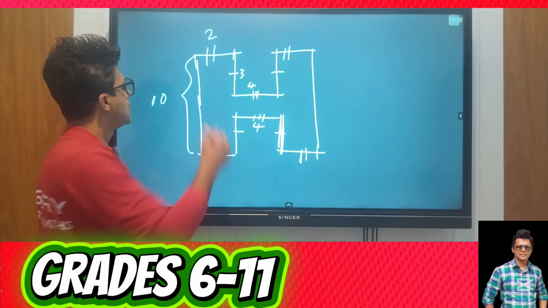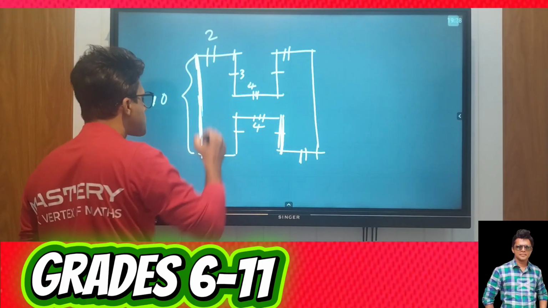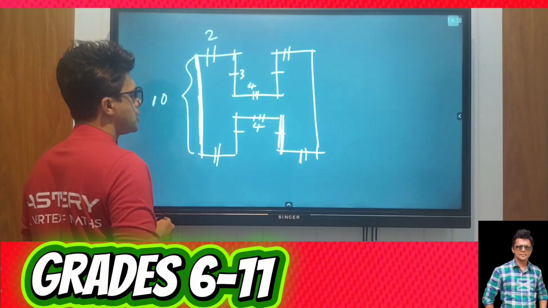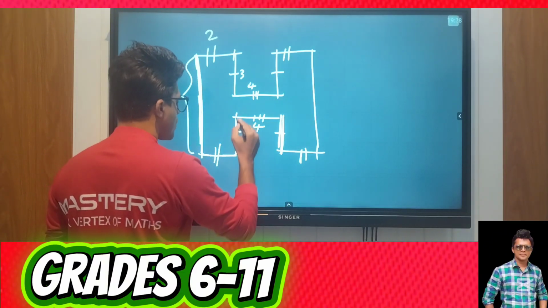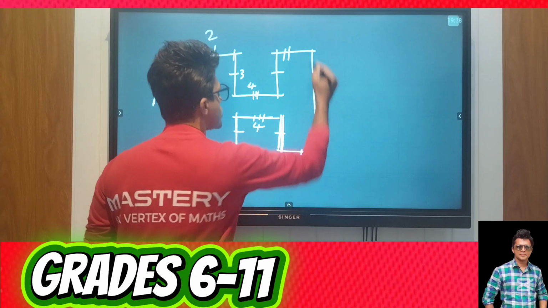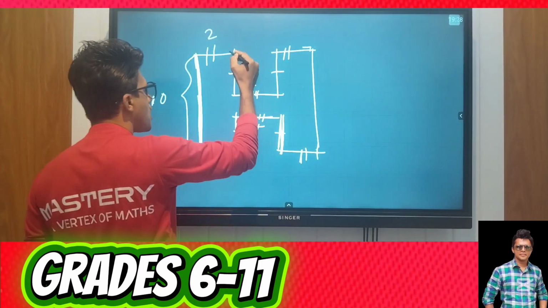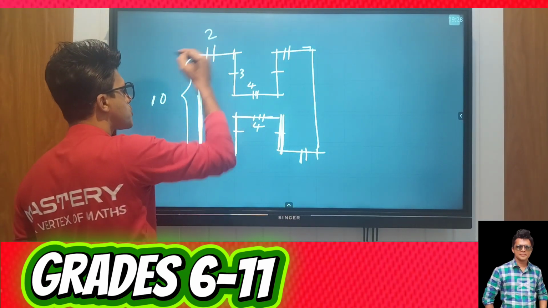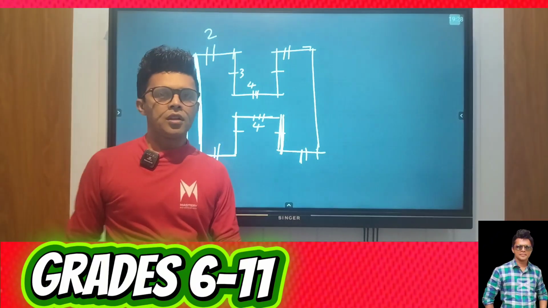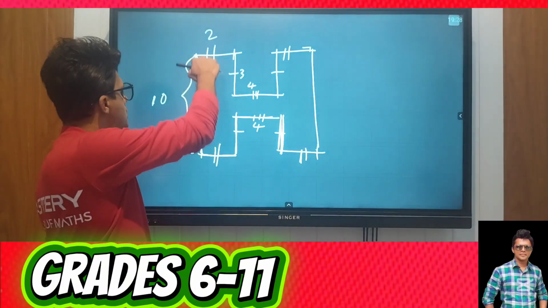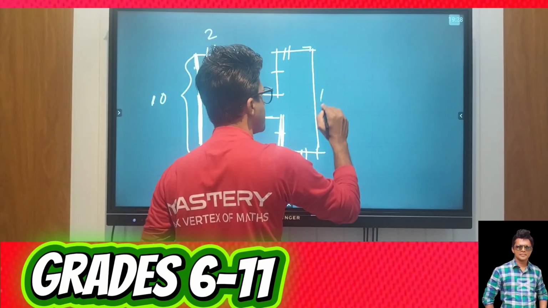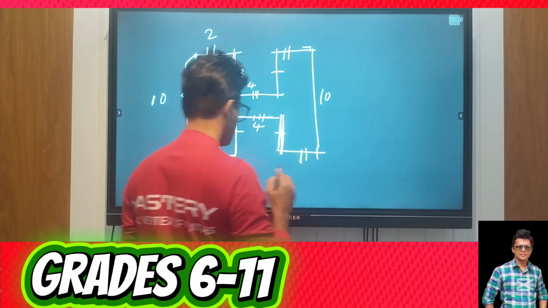Perimeter means this segment, this height, this value, and so on. Eventually you need to come to this point. Here 10, this side also 10, then 10 times 2.